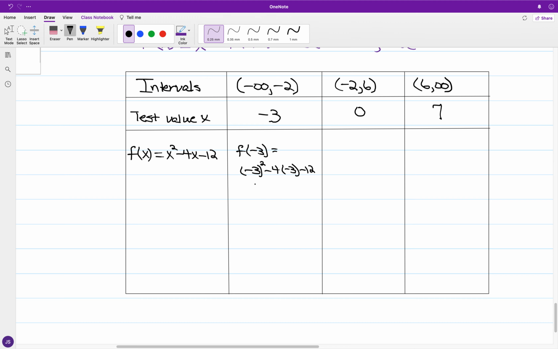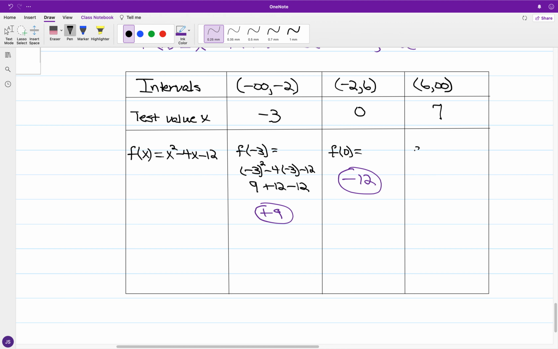The square of negative 3 is 9, negative 4 times negative 3 is plus 12, and we have minus 12. So the output here is a positive 9. In the case of f of 0, the variable terms are negligible, and right away f of 0 is negative 12.